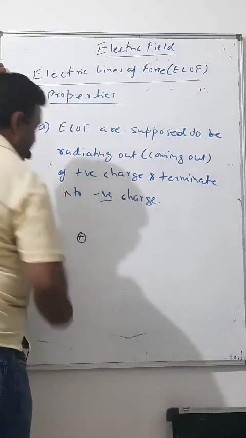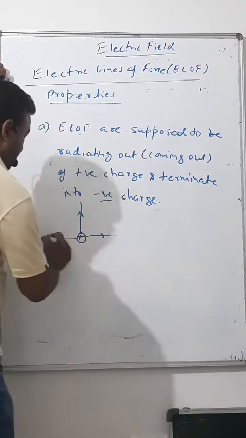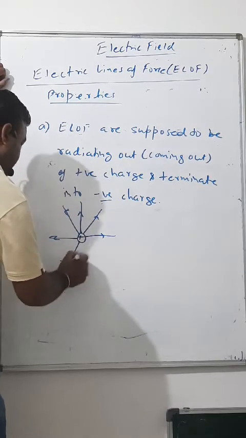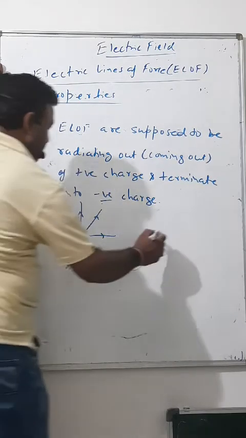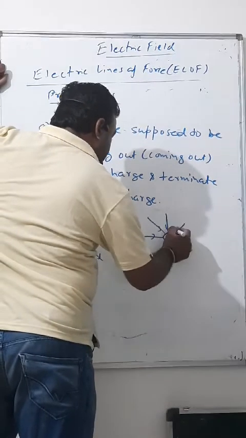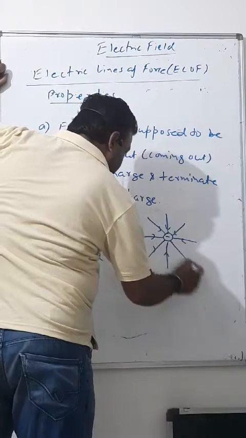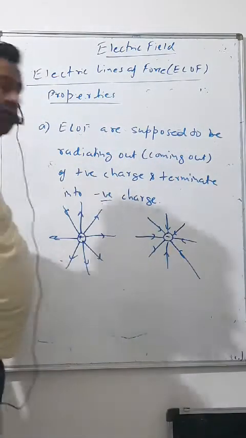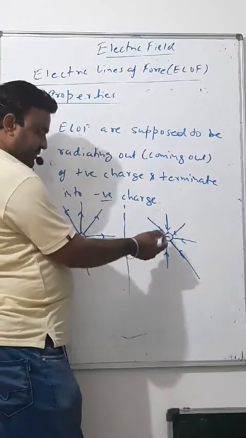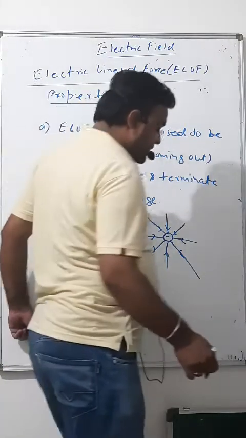Look, it's a positive charge. Electric lines of force are supposed to be coming out of the charge. And here is the negative charge. The lines can come from anywhere, but they will go inside the negative charge.